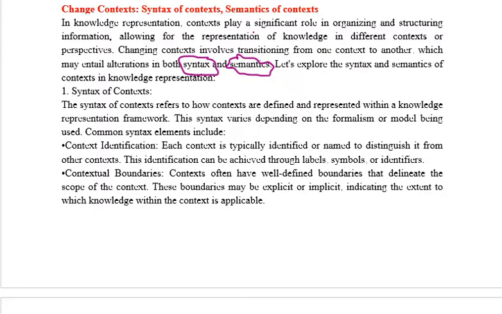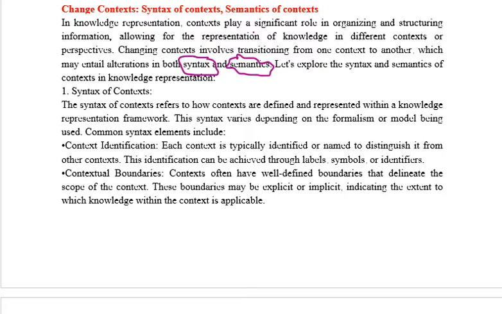And this syntax varies depending upon the formalism or model being used. So yes or no, depending upon the particular model, the syntax will differ. Every context will not have the same syntax. No, different contexts will have different syntax, so we cannot merge all at a time.